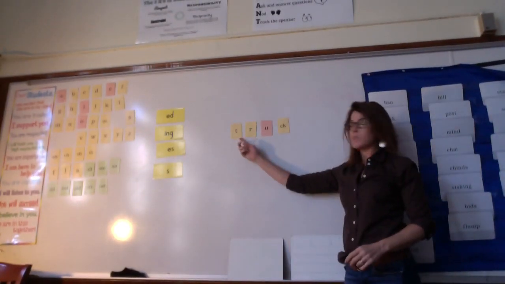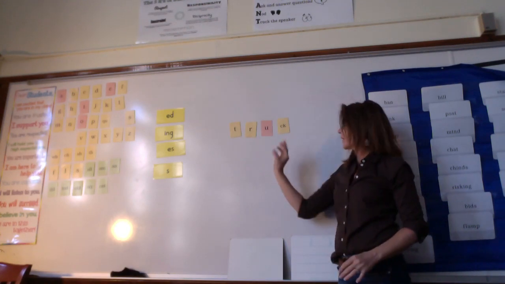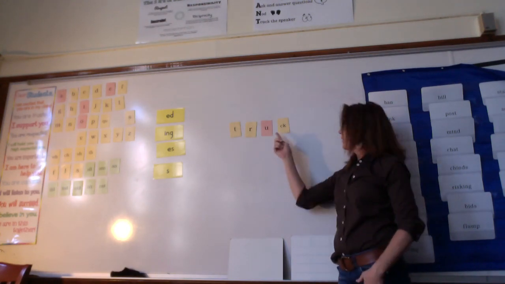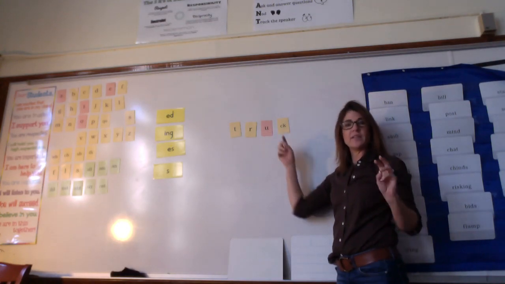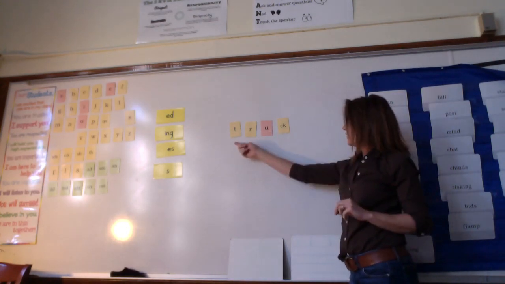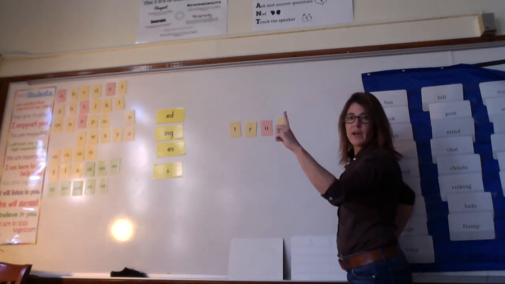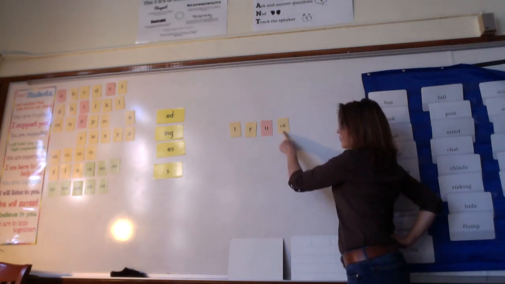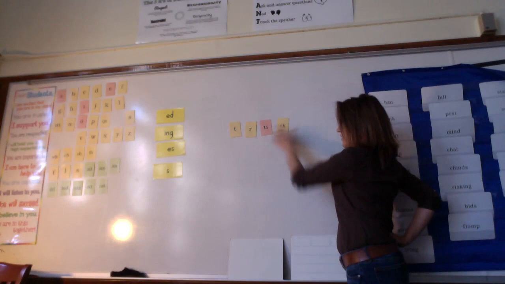So I have T, R, U, C K, four sounds. This is a digraph. And the vowel is a short vowel sound. It's a closed syllable because there's only one vowel, and the vowel is followed by one or more consonants. So this is a closed syllable, that's a short vowel sound.